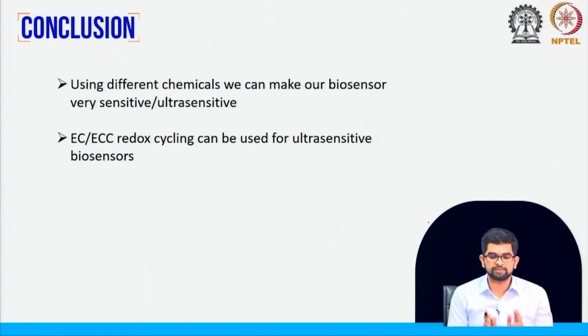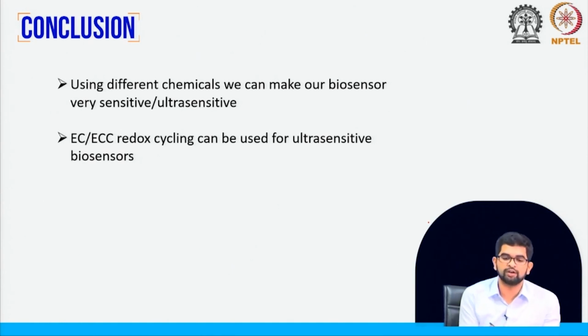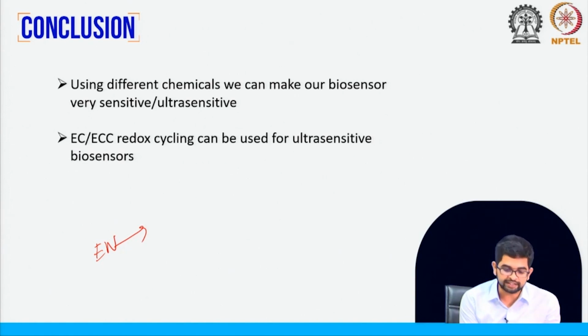So, in the conclusions, up to now today I taught you the nomenclatures, how you can put different names for biosensors where we are using signal amplification. I taught you EN redox cycling, where we use enzymes, and these enzymes directly participate in the redox cycling. Then EC redox cycling, EC means electrochemical and chemical. Here you can use an enzyme, but that enzyme should not participate directly.